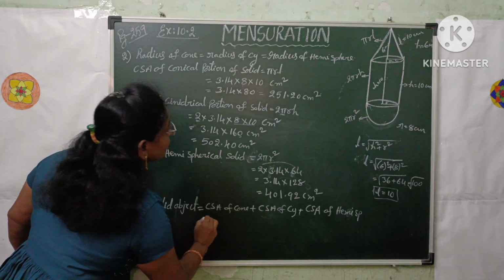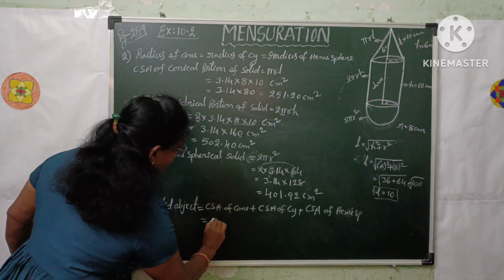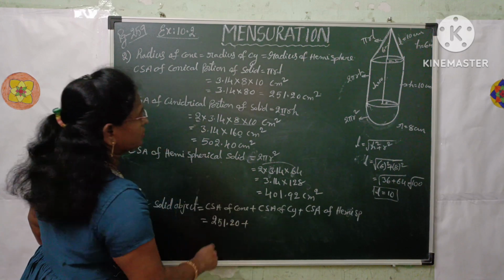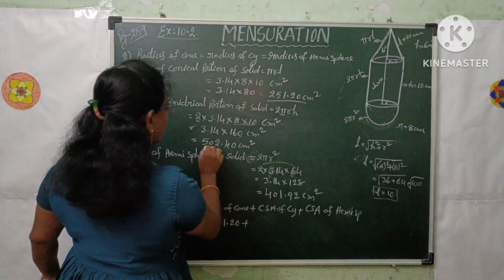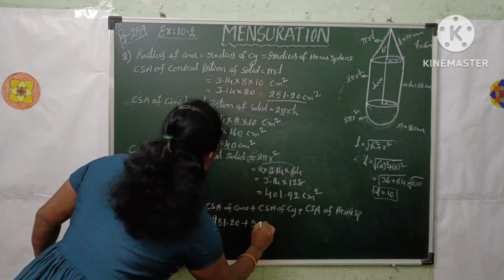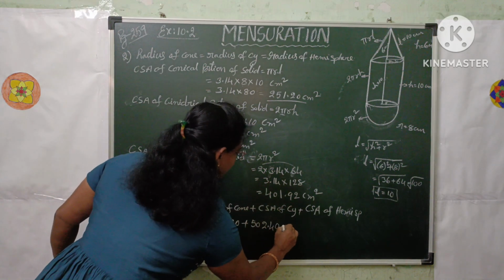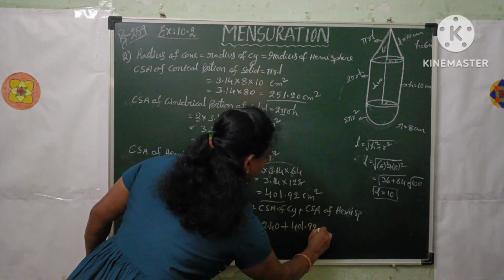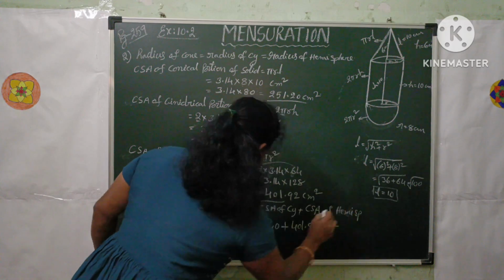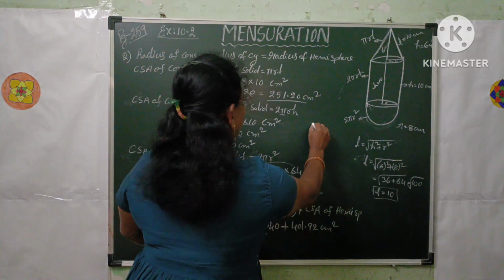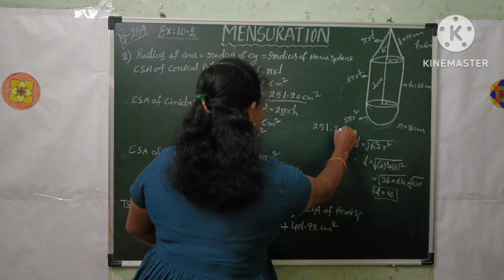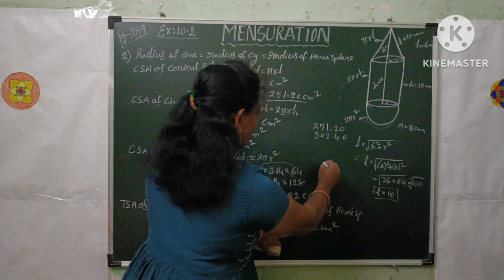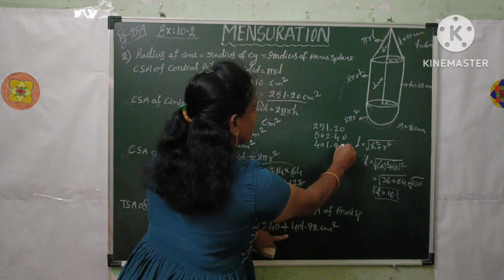Okay, so that is equal to, what is the first one? 251.20 plus, next one, 502.40 plus 401.92 centimeter square. We have to add all these: 251.20, 502.40, 401.92.